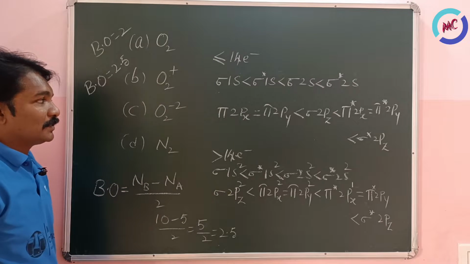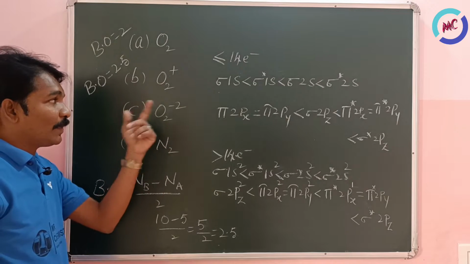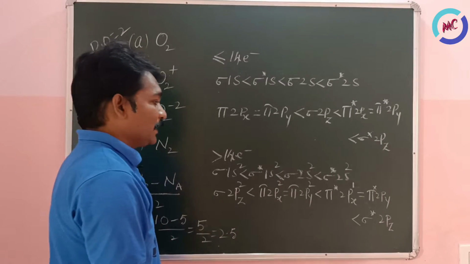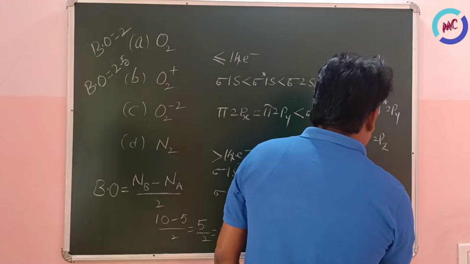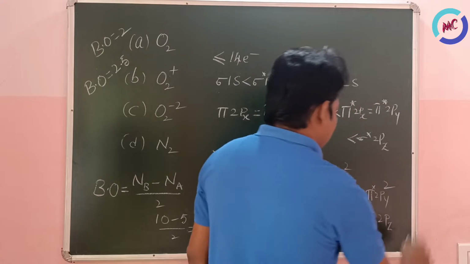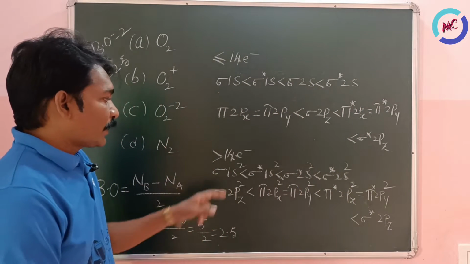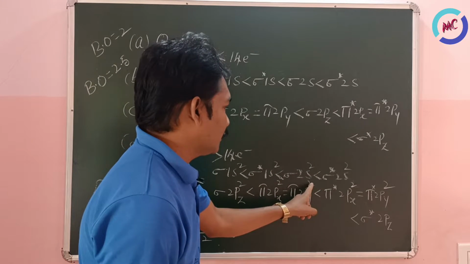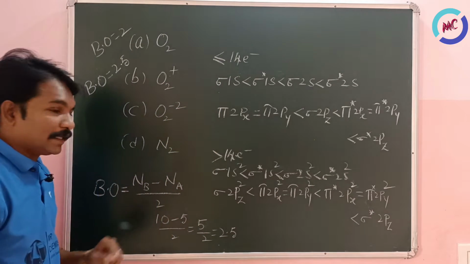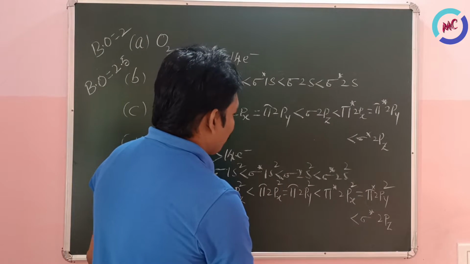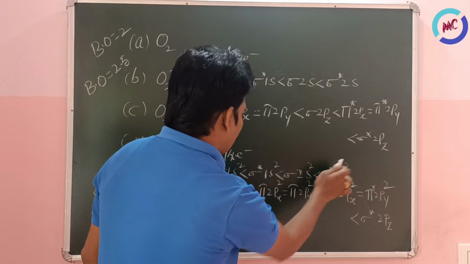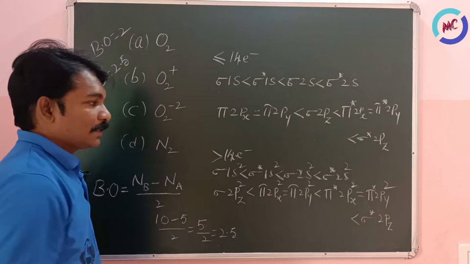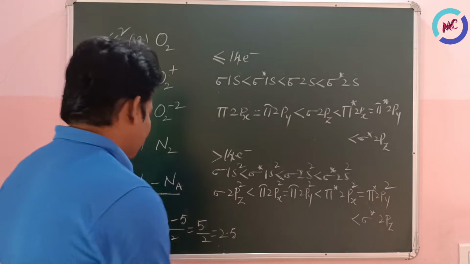O2 minus 2: O2 has 16 electrons, and O2 minus 2 means we have to add 2 electrons, that is 16 plus 2, 18 electrons. Now see here, 1, 2, 3, 4, 5. 5 twos are 10 bonding electrons, and the number of antibonding electrons will change here. 1, 2, 3, 4. 4 twos are 8.